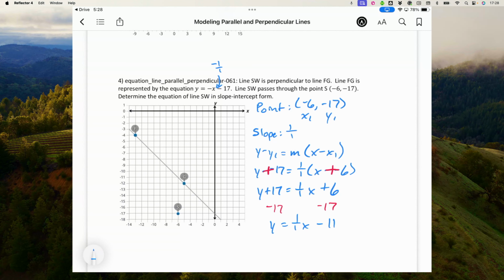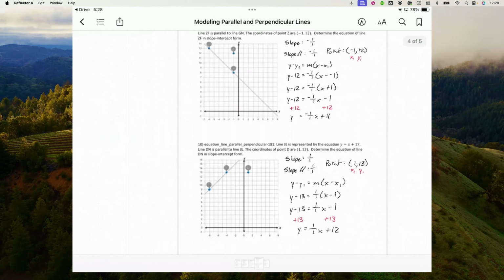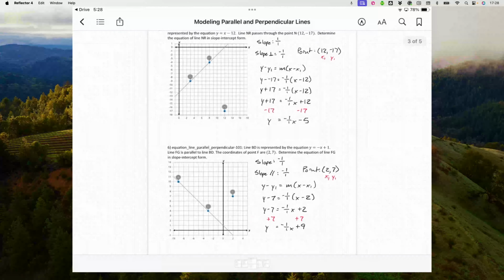So if we come down on the y-axis to negative 11, and we were to go up one and to the right one, that would look like that. If we were to go down one and to the left one, that would look like that. Notice we are passing through point S. These two lines would end up being perpendicular. Looks like we've got 6 more to go.